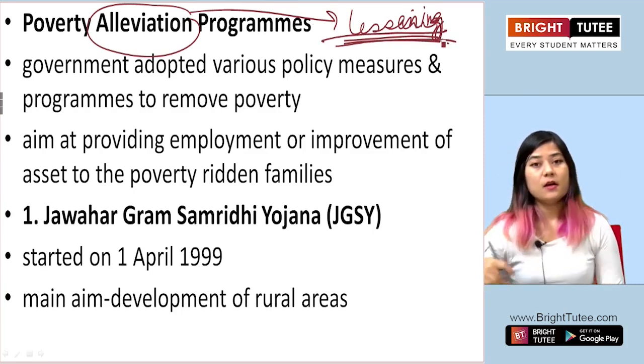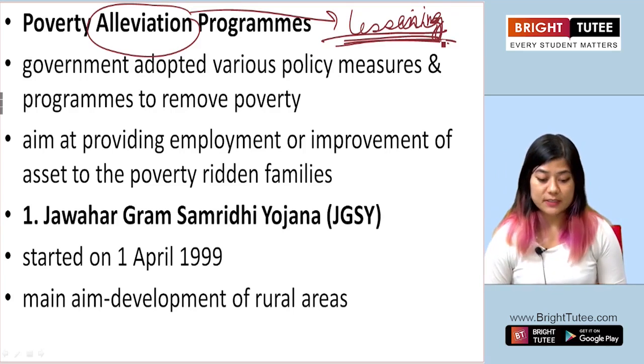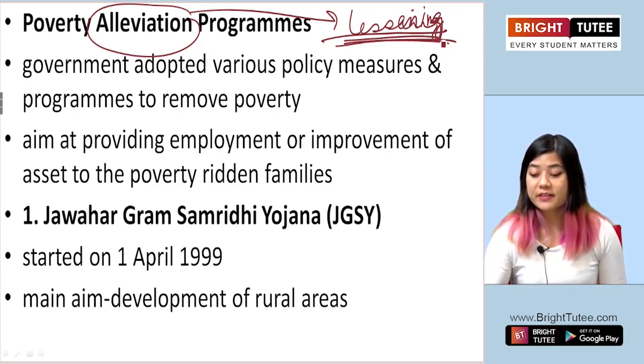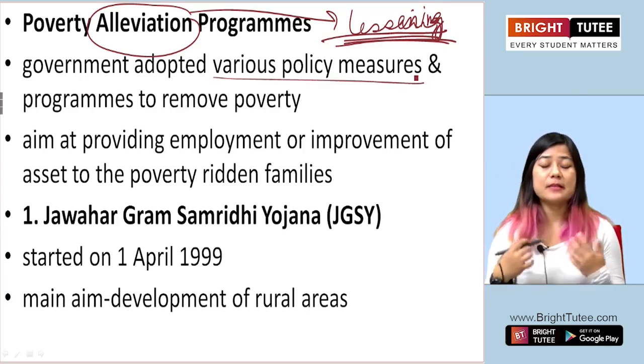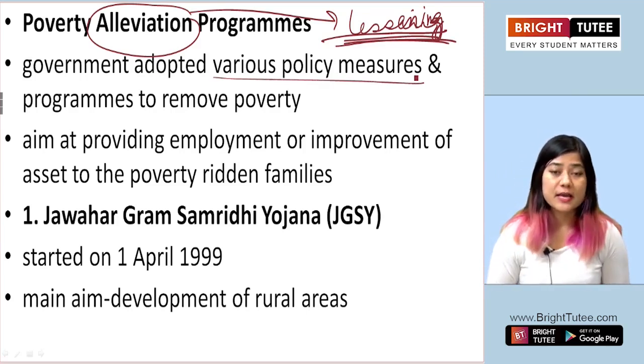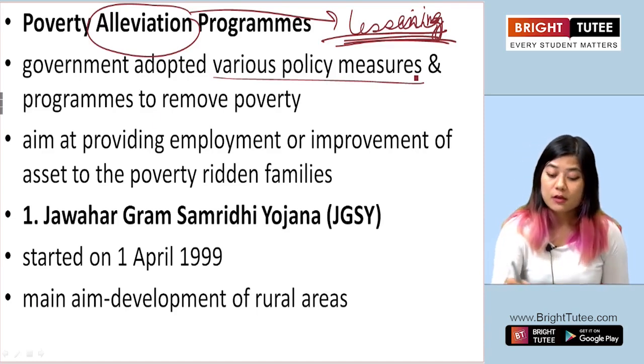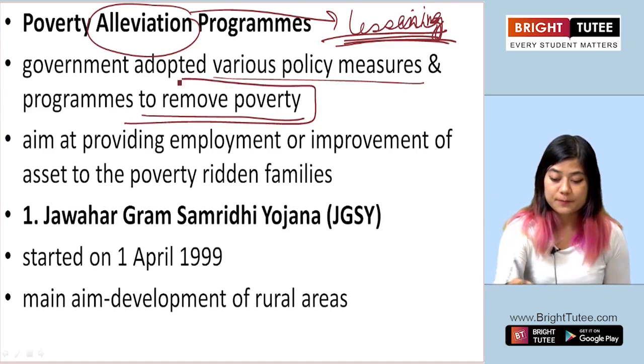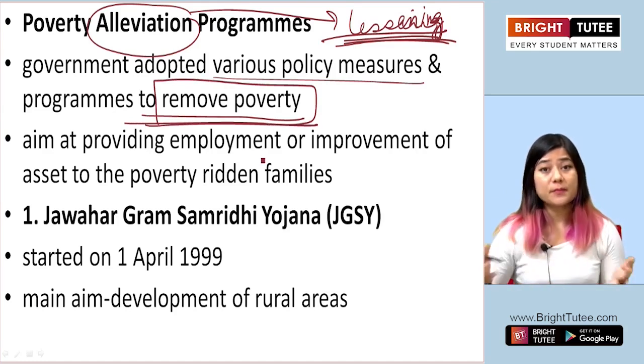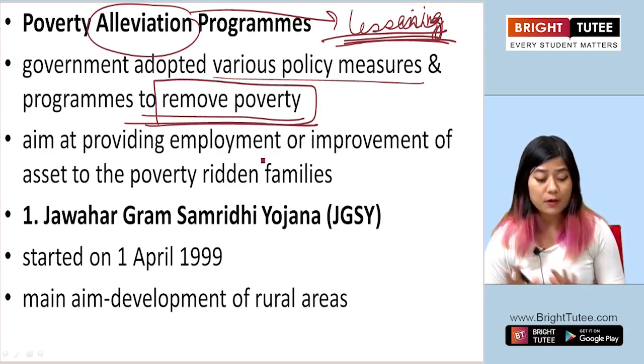The government adopts various policy measures. It introduces various laws, policies, schemes and programs just to remove poverty from our country, from the people who are in a state of poverty.